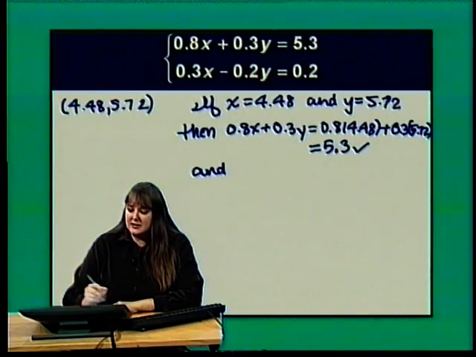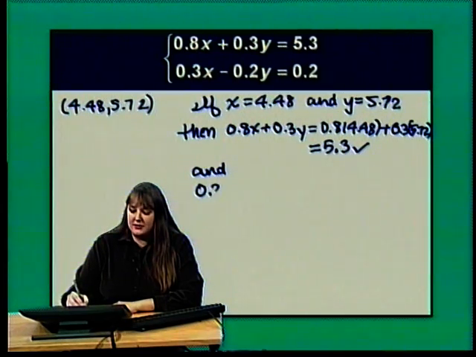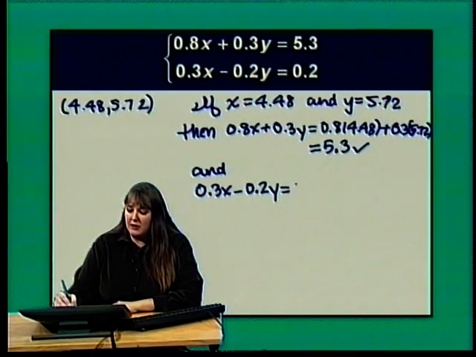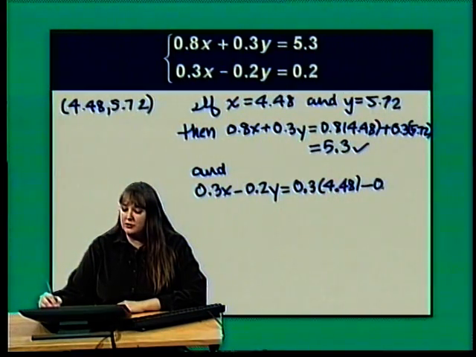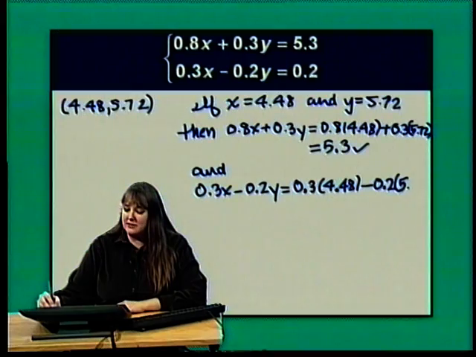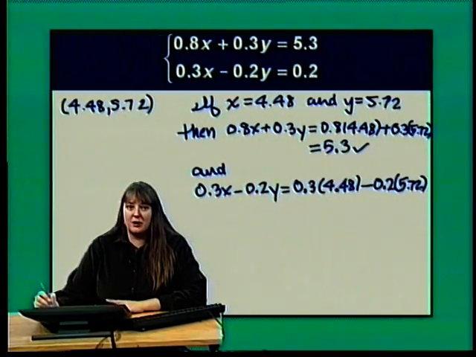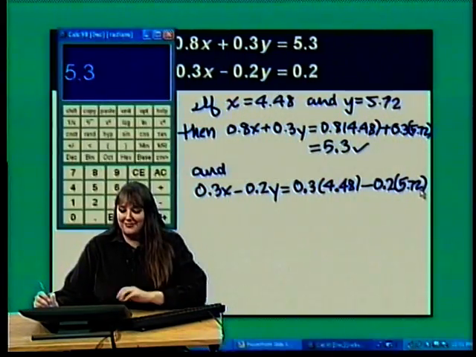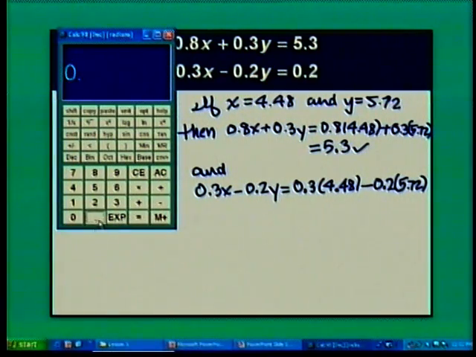So looking at the left-hand side of that second equation, I have 0.3x minus 0.2y. So that would be 0.3 times 4.48 minus 0.2 times 5.72. And again, I'm going to pull out a calculator. So I have 0.3 times 4.48 minus 0.2 times 5.72.